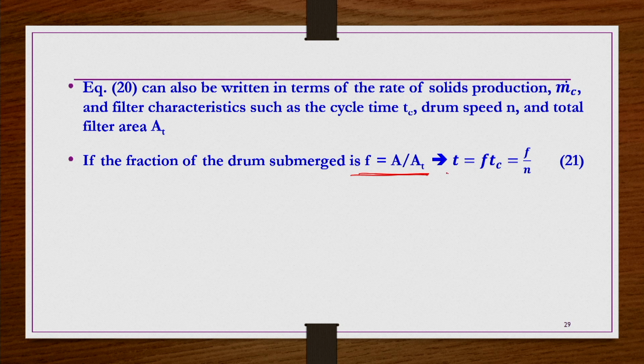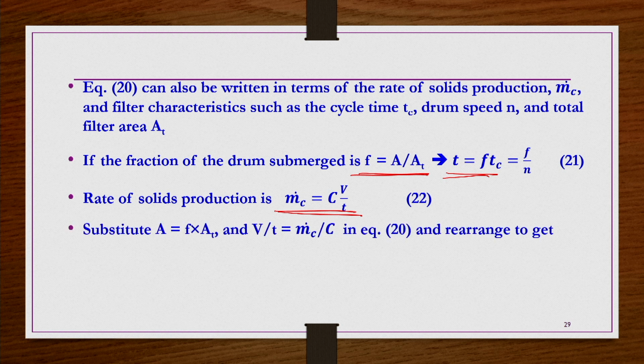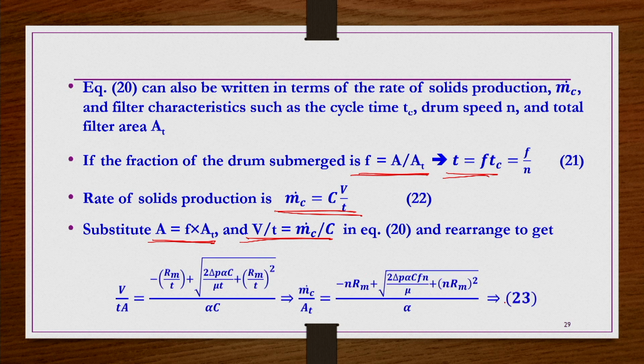Then cycle time tc multiplied by f is nothing but t, which we can also write as f by n, where n is the drum speed. And m dot c for this kind of continuous process we already know is c V by t. If you substitute equations number 21 and 22 in equation 20, that is A is equal to f At and V by t is equal to m dot c by c, then we get this equation by rearranging simply.